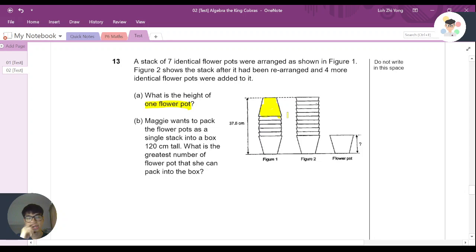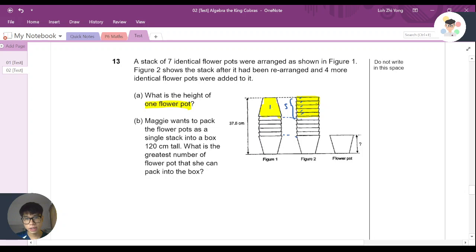Interestingly, you should find out that this one flower pot is actually the same height as these 5 stacked pots. So you should notice that this one thing is equal to this 5 thing: 1, 2, 3, 4, 5, the same height.